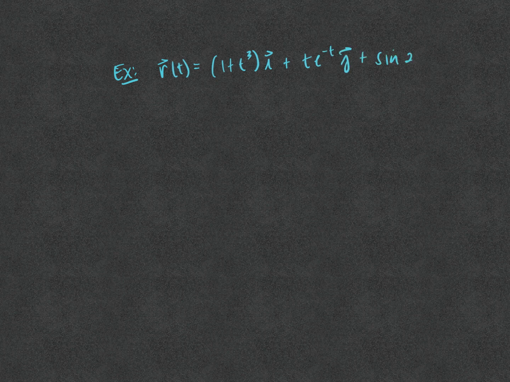So let's look at the derivatives of some vector functions. The first one says find the derivative of r of t, which is equal to 1 plus t to the third i plus t e to the minus t j plus sine 2t k.